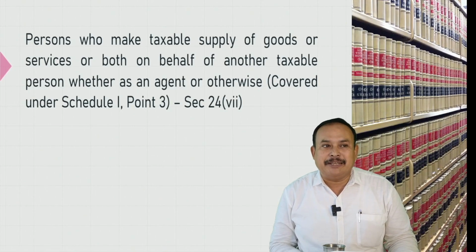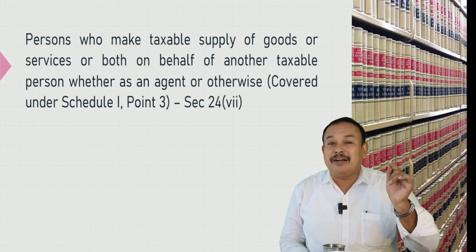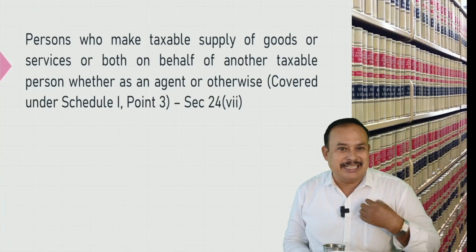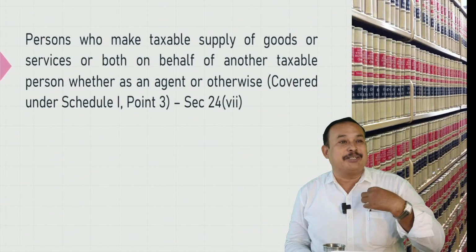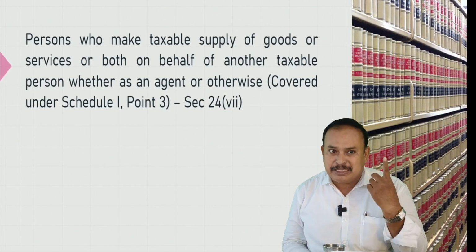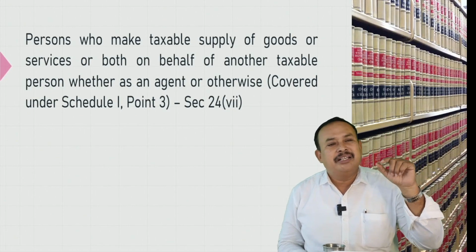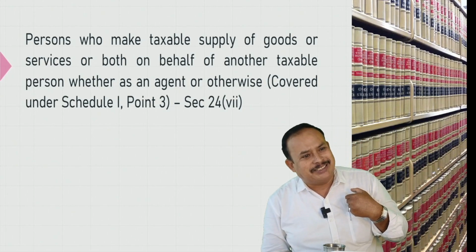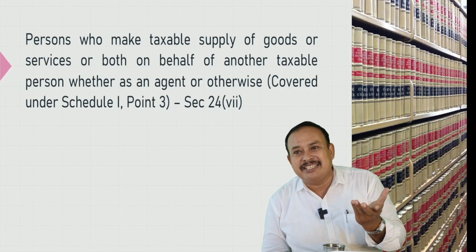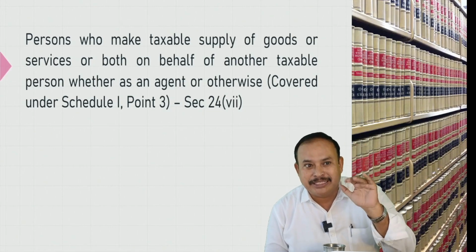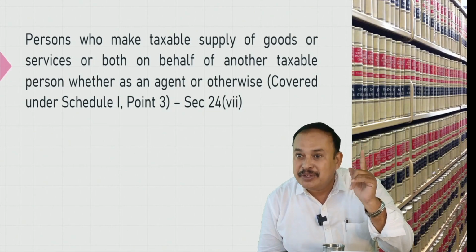In that, point number 3: supply of goods by the principal to his agent, where the agent undertakes to supply the goods on behalf of the principal, or otherwise, supply of goods by the agent to his principal, where the agent undertakes to receive the goods on behalf of the principal.